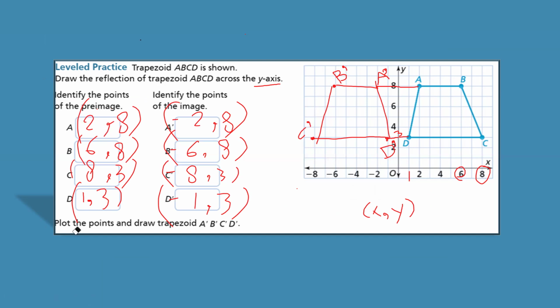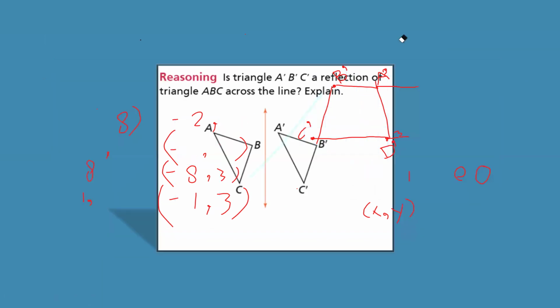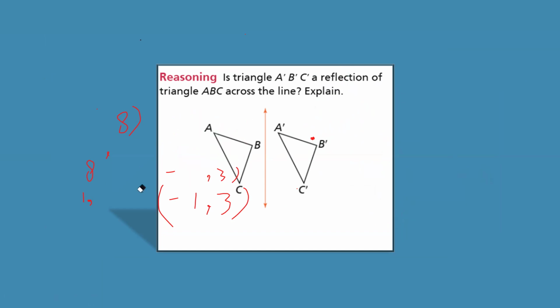In this question, is triangle A prime, B prime, C prime a reflection of triangle ABC? Yes or no? Let's check that. To decide that two figures are reflected across any axis, the distance must be the same.